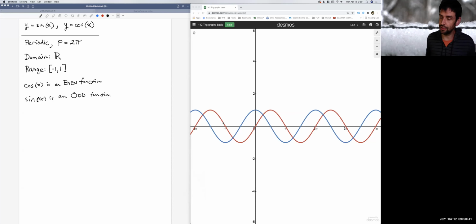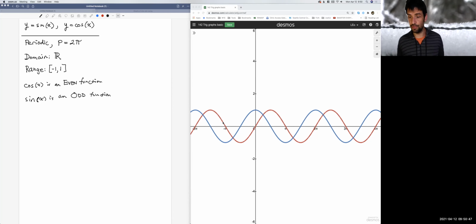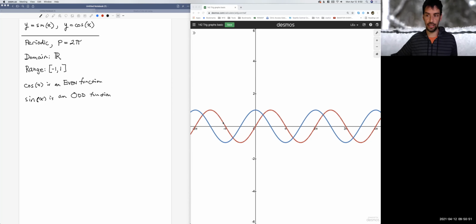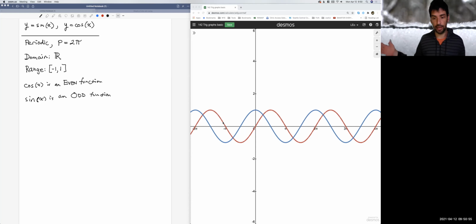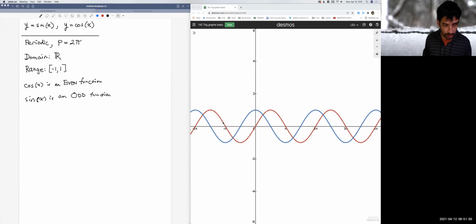And I have graphs up here. Cosine is the graph in blue, sine is the graph in red. And if you notice, if you just keep moving over from any point to another point, 2 pi different from it in the x direction, either way, the function's at the same height, the same output, right?